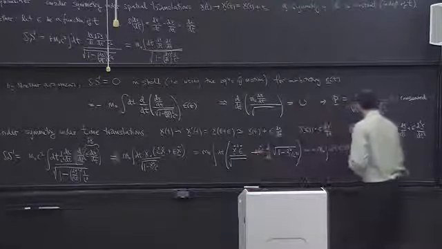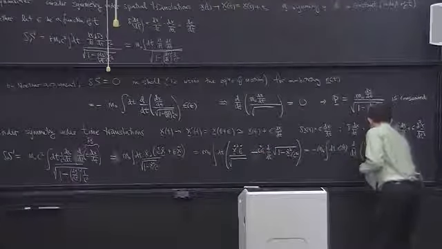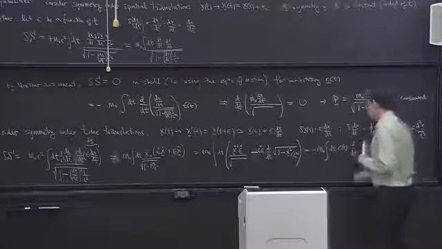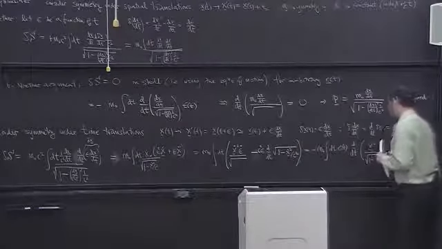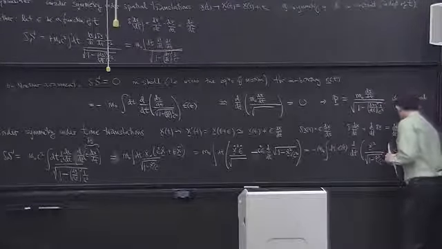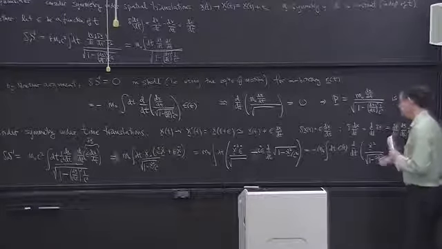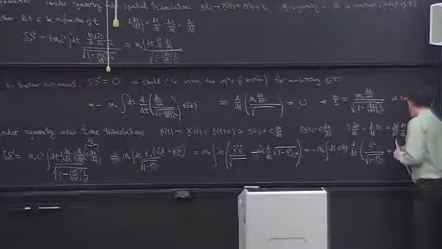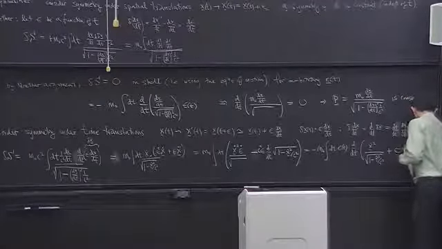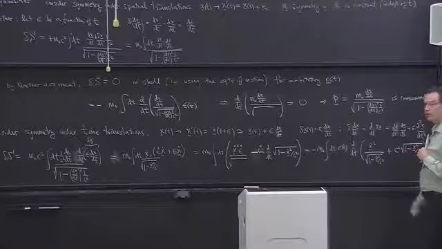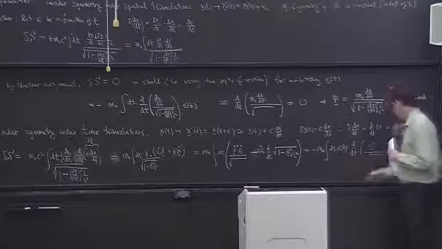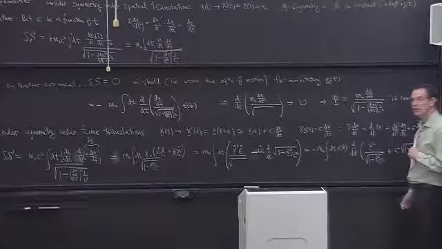Here I'm integrating by parts, so I've got x dot squared over square root 1 minus x dot squared over c squared. And in the second term, I have the minus sign already. So plus c squared. The epsilon I pull out. This is square root 1 minus x dot squared over c squared, close bracket. Okay? And this has to be 0 for arbitrary epsilon. Therefore, d by dt of this must be 0.